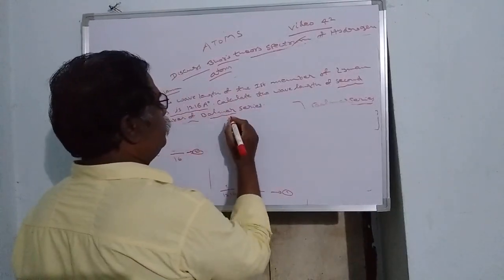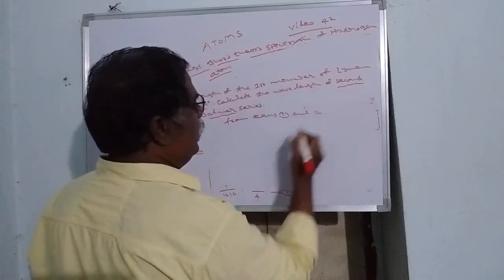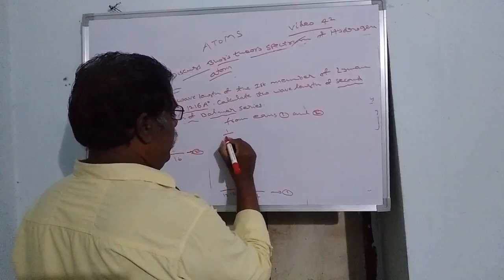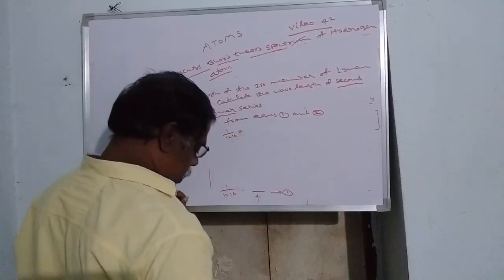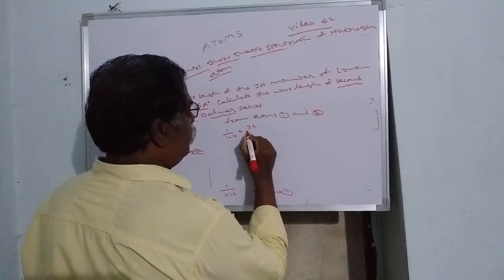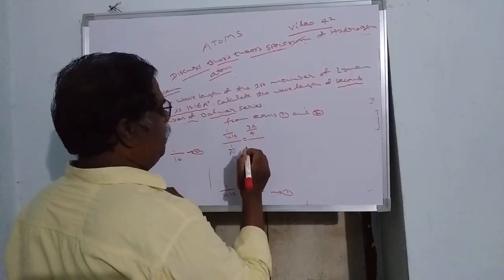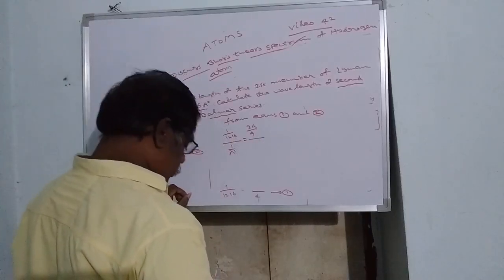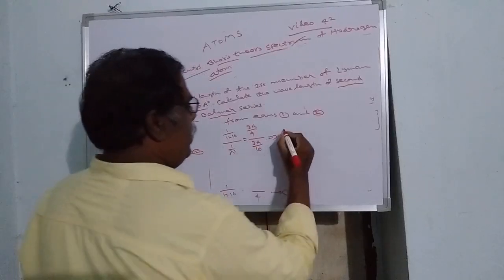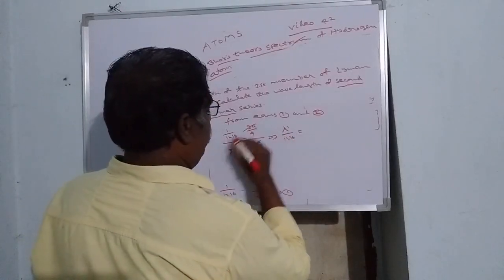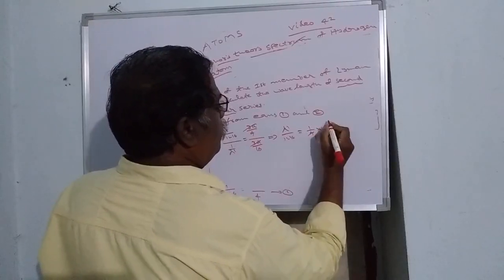From equations 1 and 2, dividing, we get lambda dash by 1216 is equal to 3R by 4 over 3R by 16. 3R will be cancelled, and this will be 16 by 4, which is 4 times.